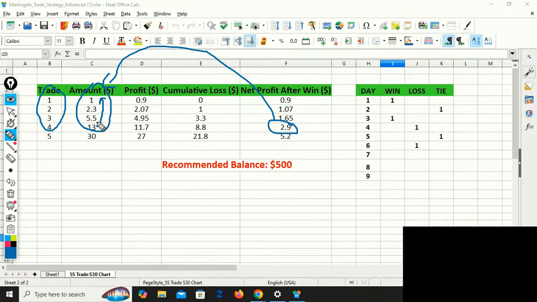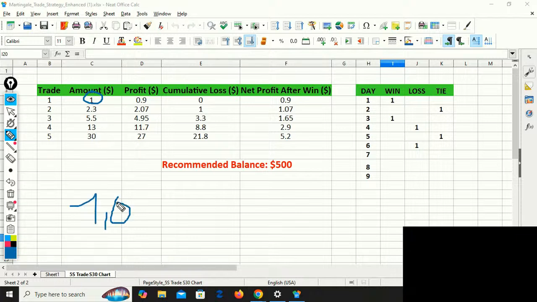Okay. Now, I have a surprise for you guys. I am creating a very interactive, very smart spreadsheet in a way that also will include compounding. So let's say you win the first trade over here, $1. The next trade should be, for example, 1.05 or 1.10. Why am I doing this?